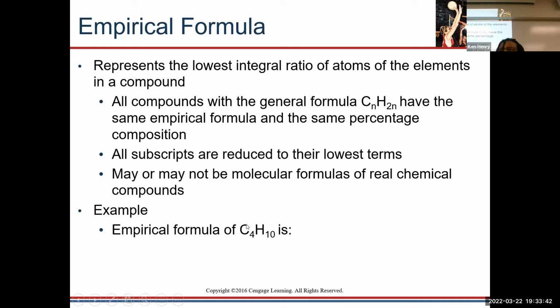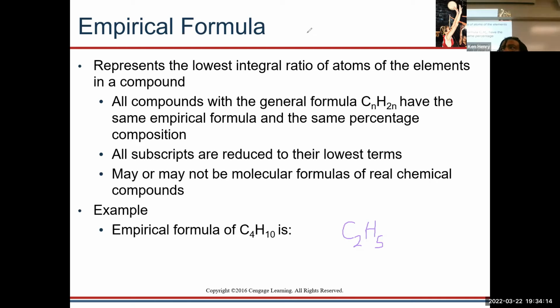So for instance, if we have C4H10, the empirical formula for this would be C2H5, because these are both divisible by 2. We divide it by 2, and we're left with just 2, 5. And we can't divide this by anything more and have a whole number.